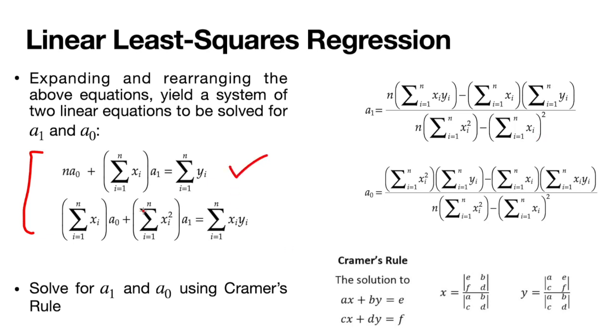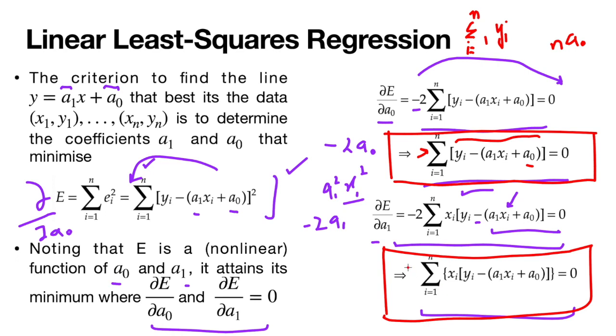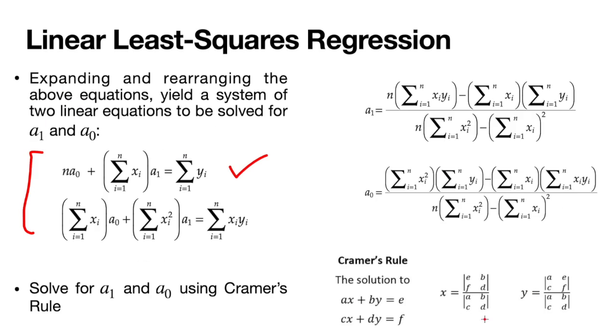And similarly, if we multiply this summation inside of this equation, we will get this second equation. What this equation is representing is that we have n multiplying by a naught and a1. So both these equations are in terms of a naught and a1.